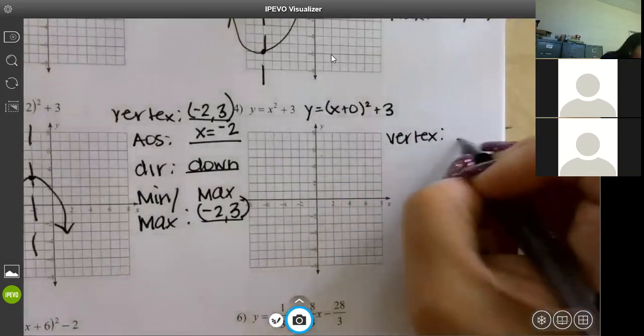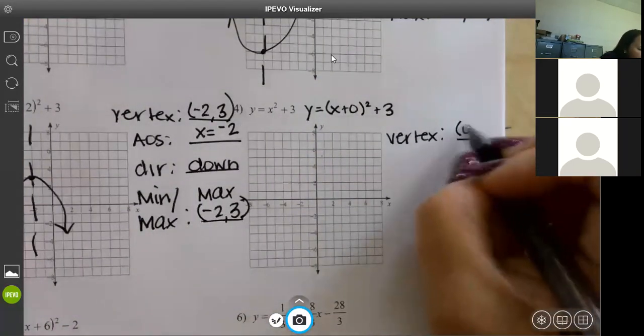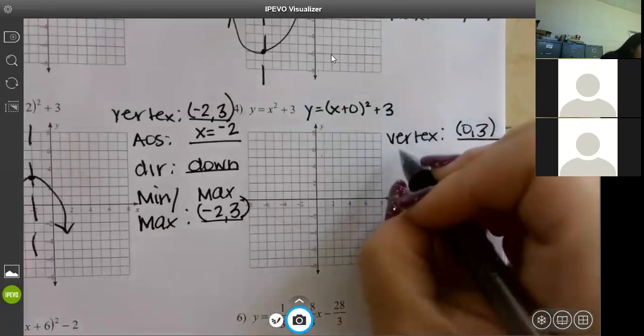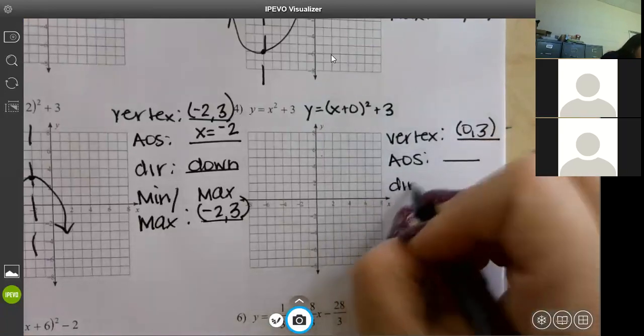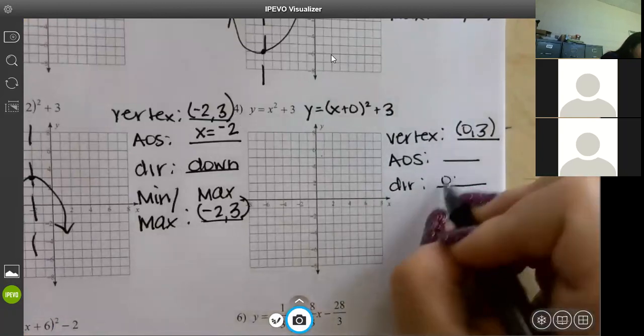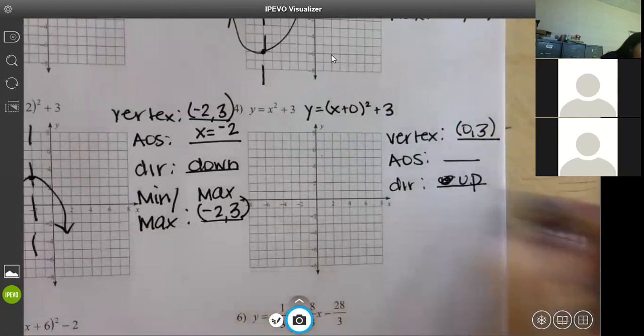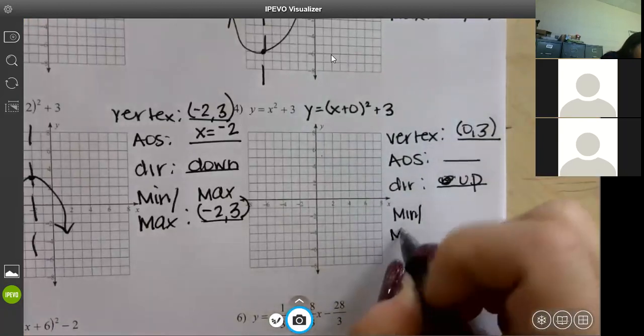So where's your vertex? What's your direction of opening? Up. Is it a max or a min?